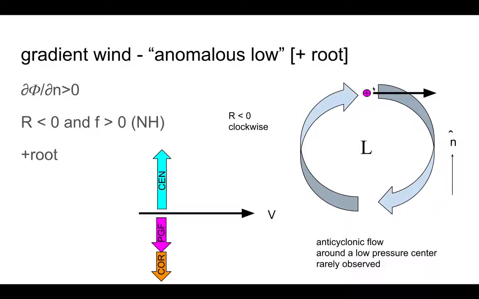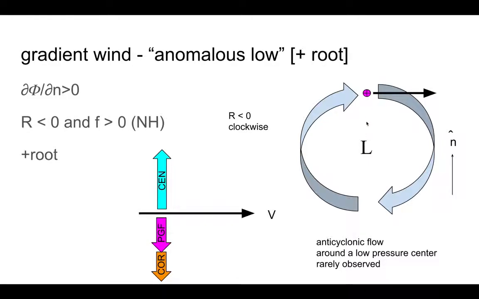And in that case, we look at the top of that circulation, the wind's going to go from left to right. That's the orientation I've been using mostly. So the n hat direction is off to the left. And d phi dn greater than 0 means that higher pressure needs to be in that direction and lower pressure in the minus n direction.